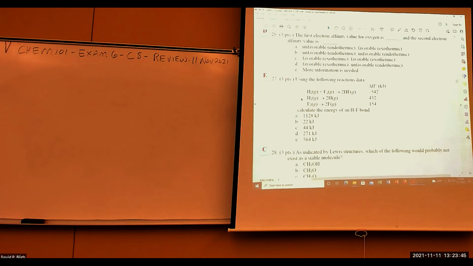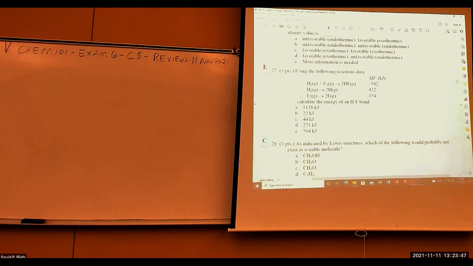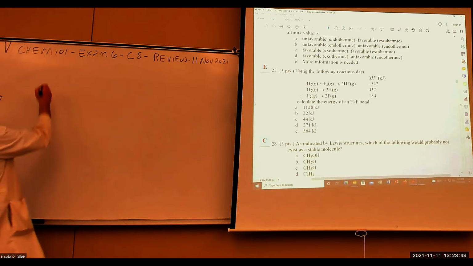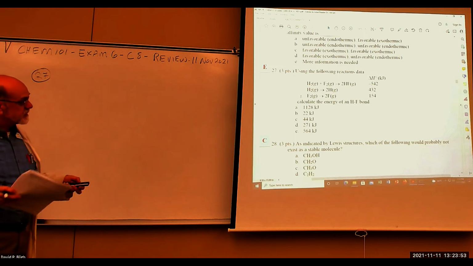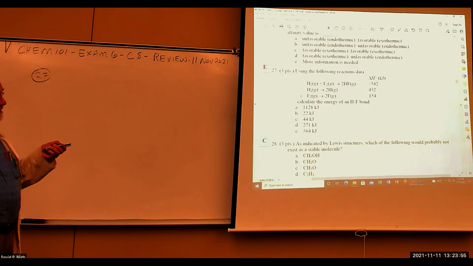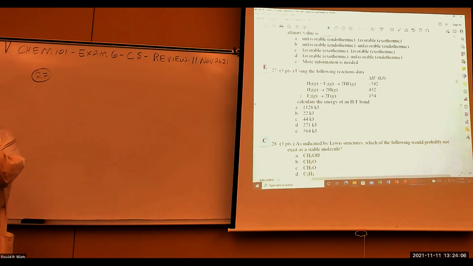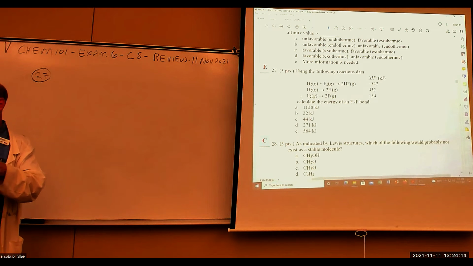27, we're going to make use of Hess's law again. So in this case, we've got these 3 reactions, and we need to combine them in such a way that we can answer this question. What's the bond energy of HF? So in order to use this information, you've got to know how to write the equation that's used to determine bond energy.